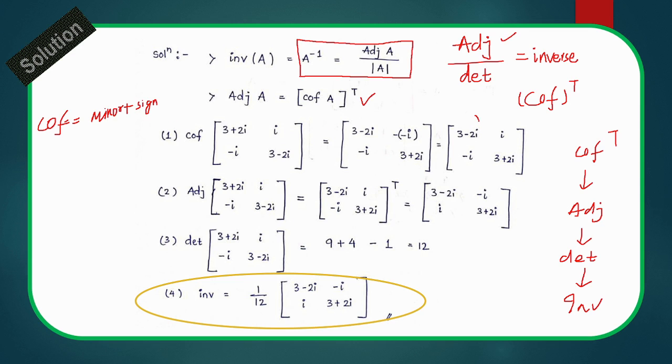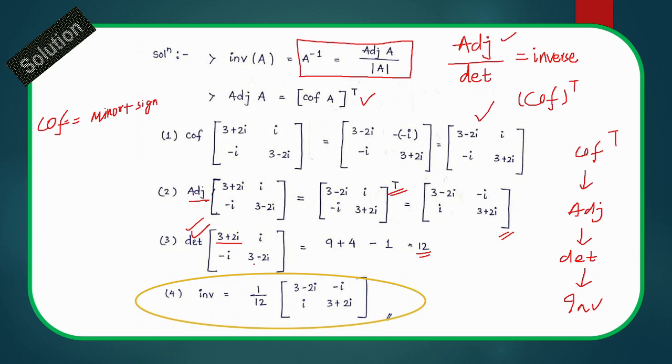This is what we get, the cofactor matrix. For the adjoint, we have to transpose the cofactor matrix. Here we have got the adjoint matrix. Then we have found the determinant of the matrix. The determinant is 12.